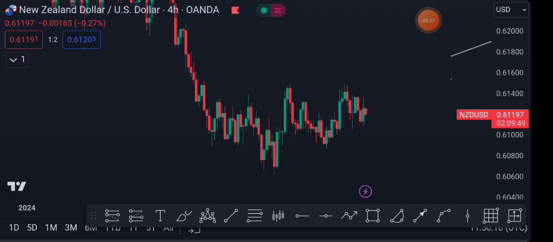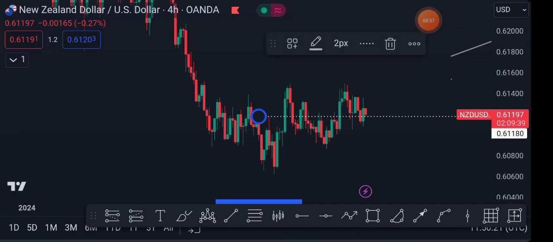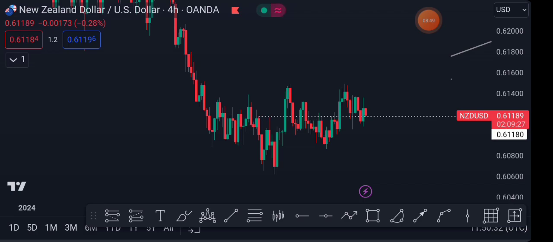Let me show you how I identify the reversal. You can see that this momentum here is being taken out. So after the momentum is taken out, we then reverse to our order block. So this is our order block right here.